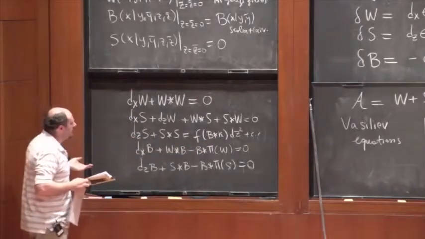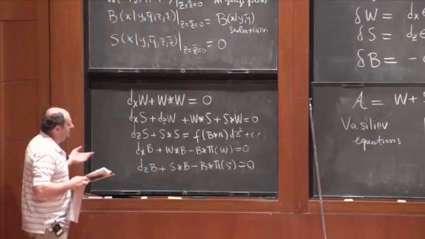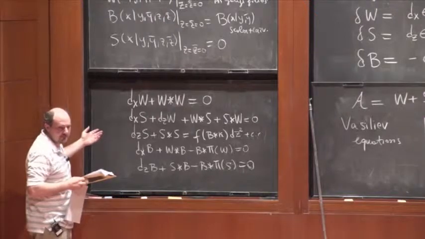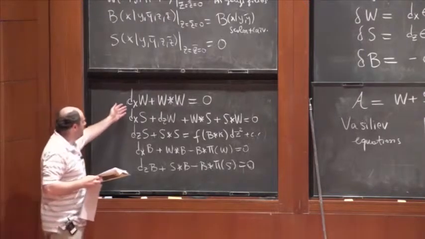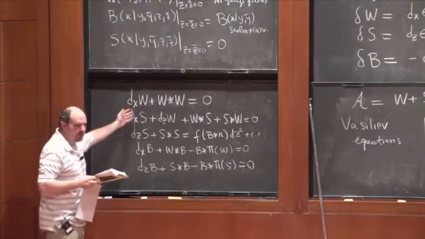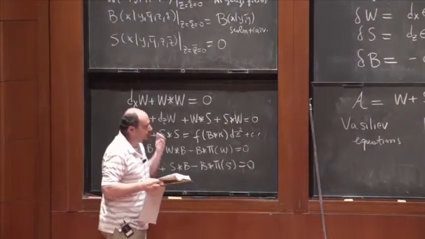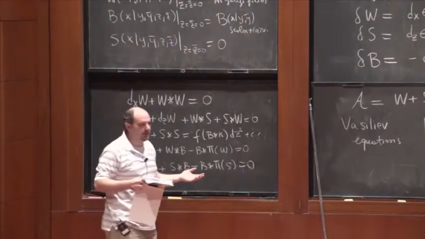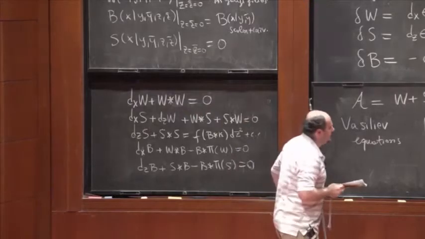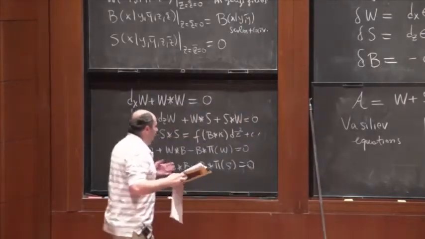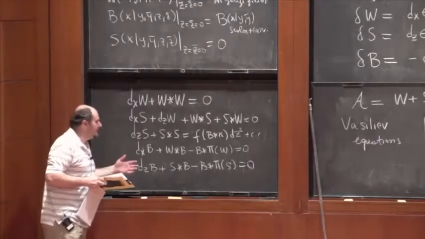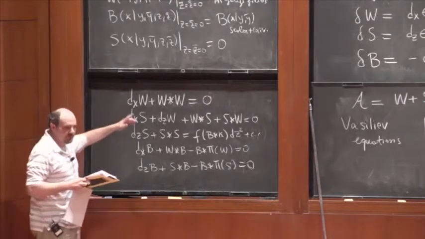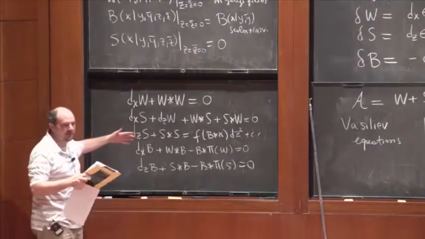Okay, so there is one feature of these equations that you may be surprised about, which is that they are first order in derivatives with respect to space-time. There is only dx, right? There is no second derivative, but we know at the end of the day we are supposed to describe propagation of some fields with a second derivative kinetic operator, right? So this is a feature of this formalism of Vasiliev, which is technically called unfolded formulation. It just means that you write down a system of dynamical equations in terms of just first order equations, but introducing a lot of auxiliary fields.